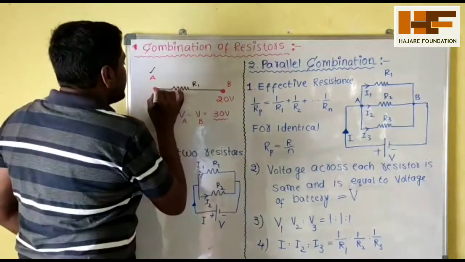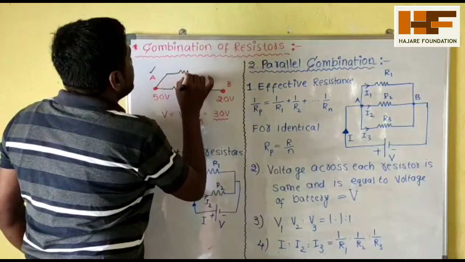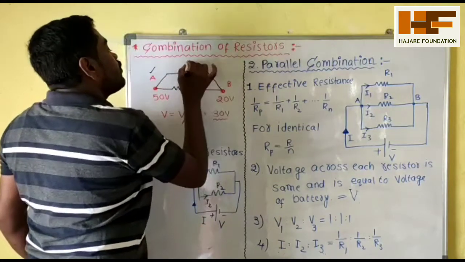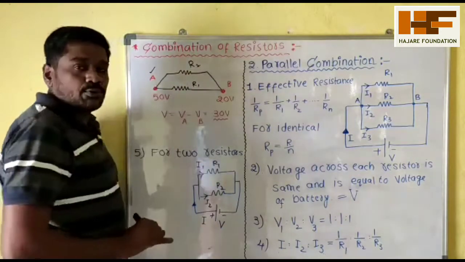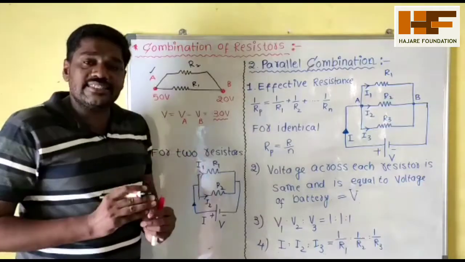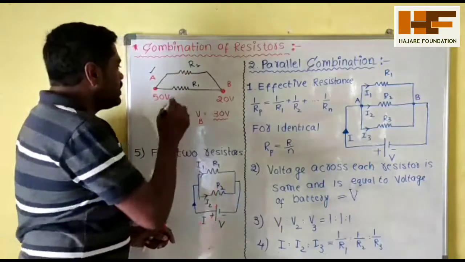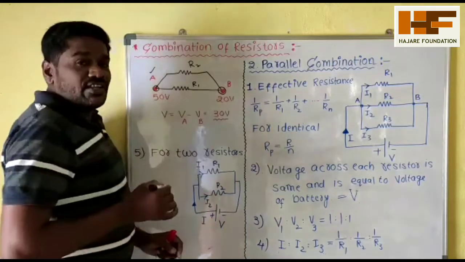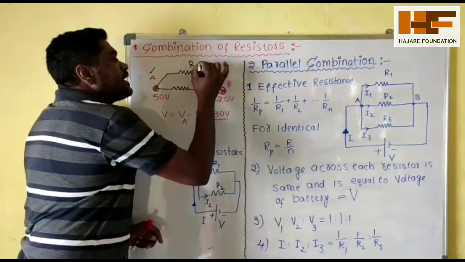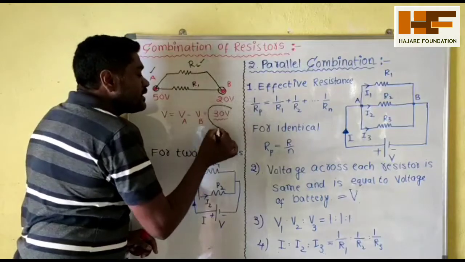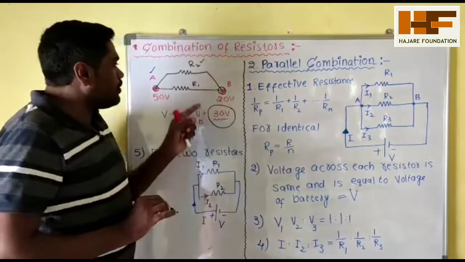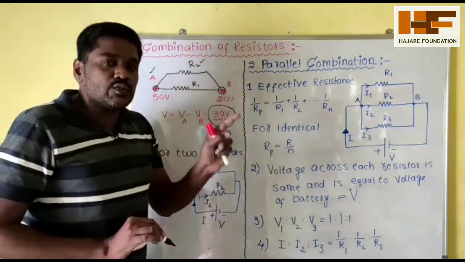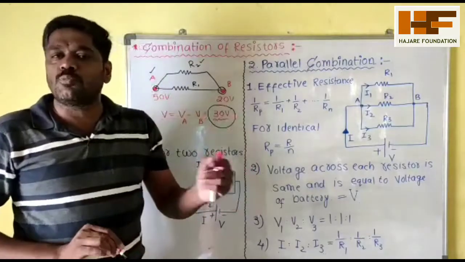Now I am taking the second resistor, R2. Where is this second resistor connected? At the same points, the first point A and the second point B. So tell me, the voltage across the second resistor is also 30 volts. Why? Because R2 is also connected between the same two points.